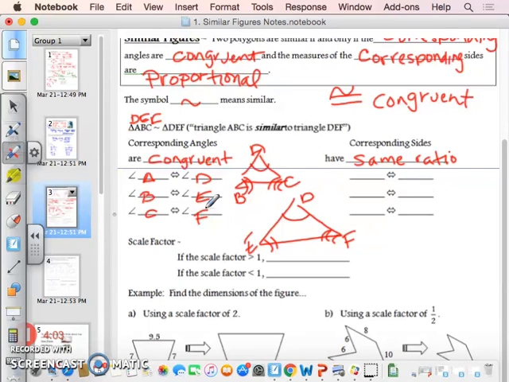And now what I can say is that the same ratio is going to apply for side length AB and DE. I can't say that they're congruent, but I can say they have the same ratio. And I can do the same for EF and BC.